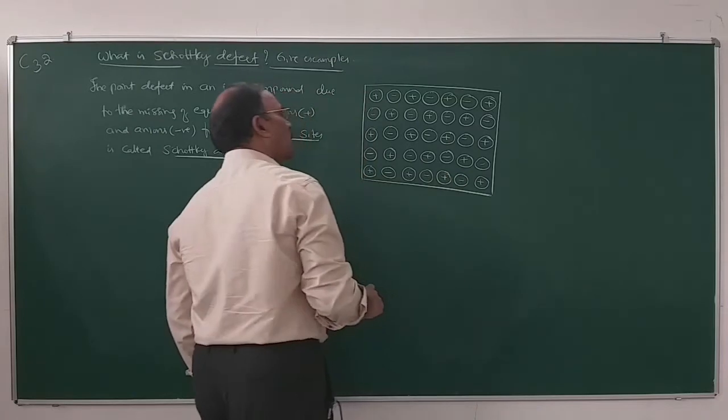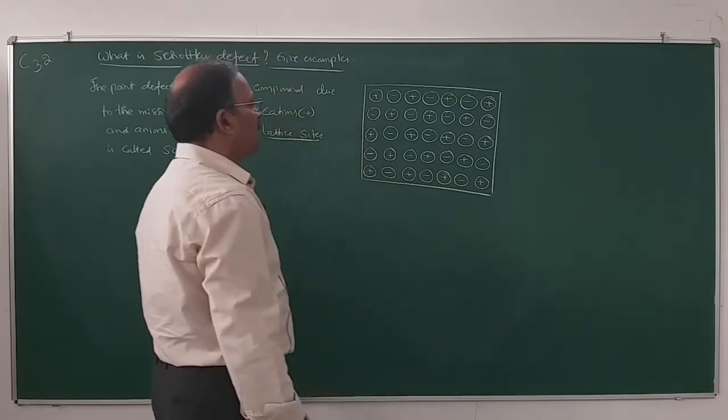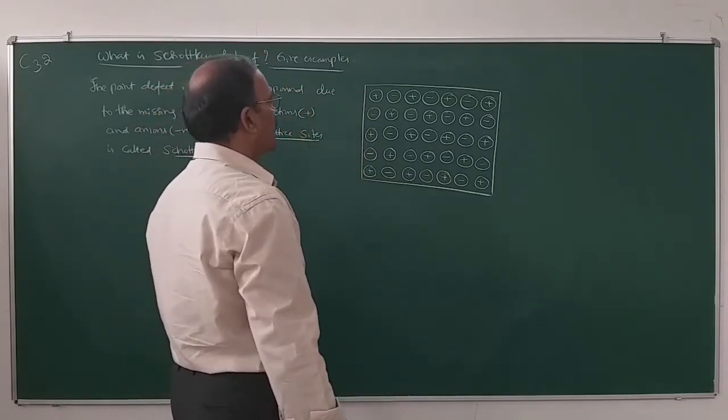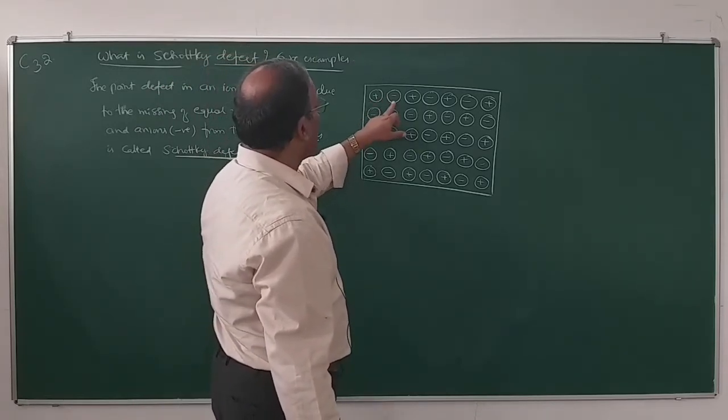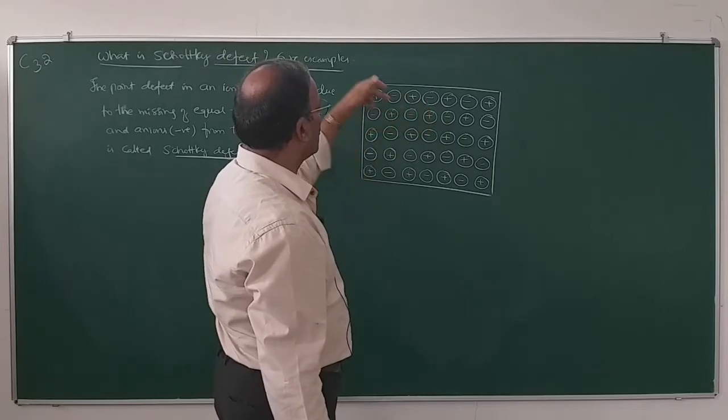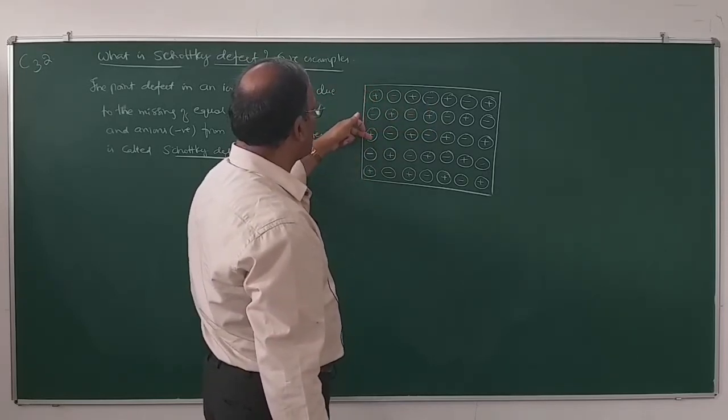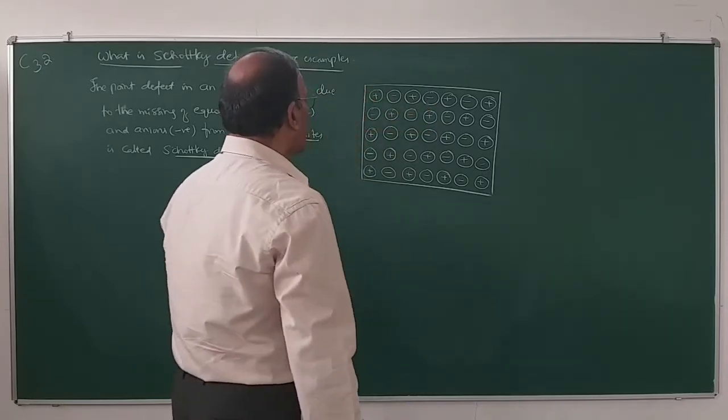This is how positive and negative ions are arranged in ionic compounds: positive, negative, like that you have to arrange.